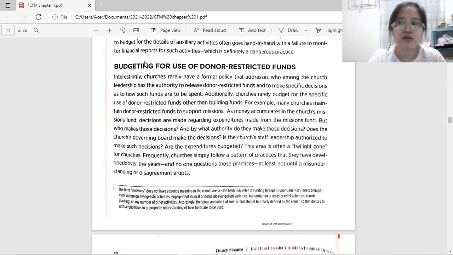Essentially, again, we have the main budget or the operating budget, and when we create the budget of the church, normally we only consider the expected contributions from the members and the visitors.